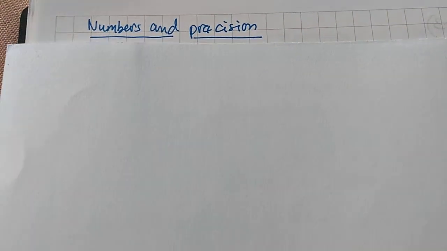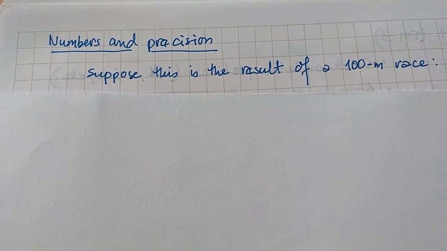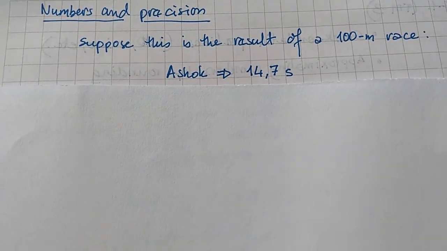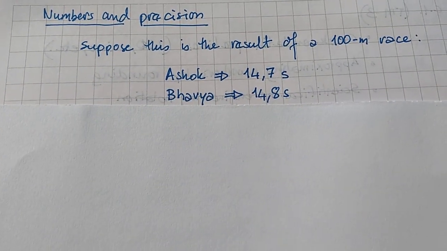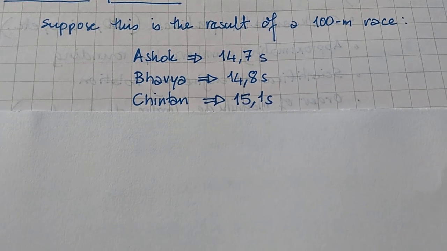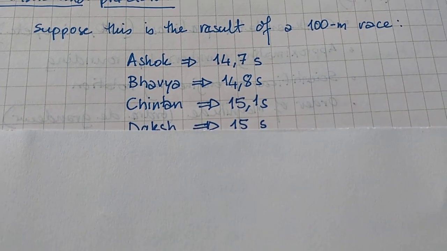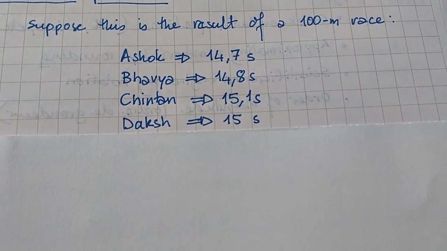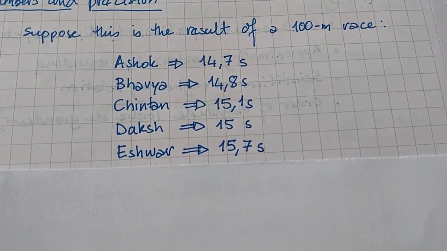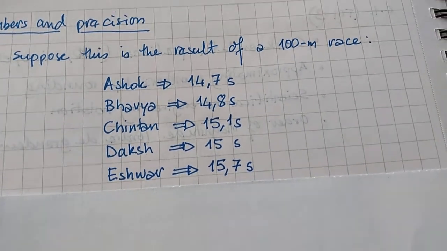So here we go. Suppose this is the result of a 100 meter race. Ashok 14.7 seconds, Bhavya 14.8 seconds, Chintan 15.1 seconds, Daksh 15 seconds, Ishwar 15.7 seconds.